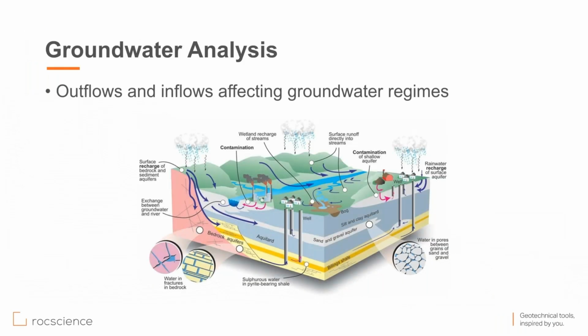Schematically showing here, you can see all the outflows and inflows affecting the groundwater regime. You can have precipitation, then flow of this precipitation water on the ground surface. You have a river flowing here, you're pumping water in and out, and you also have different aquifers here.